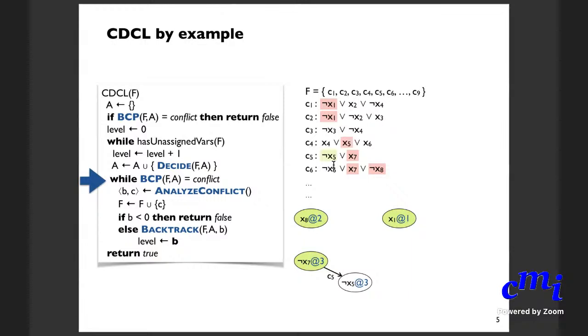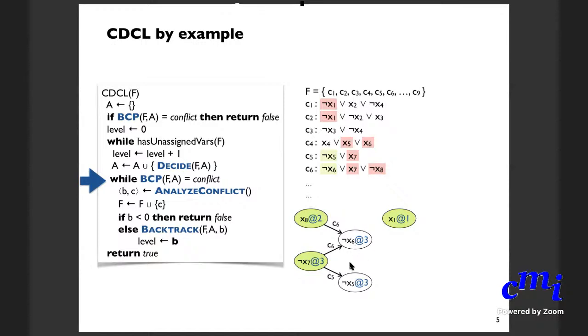That unit literal is said to be implied by this decision via the clause C5. Then the same decision, along with an earlier decision at level 2, when plugged into C6, will result in another unit literal, and that is X6.